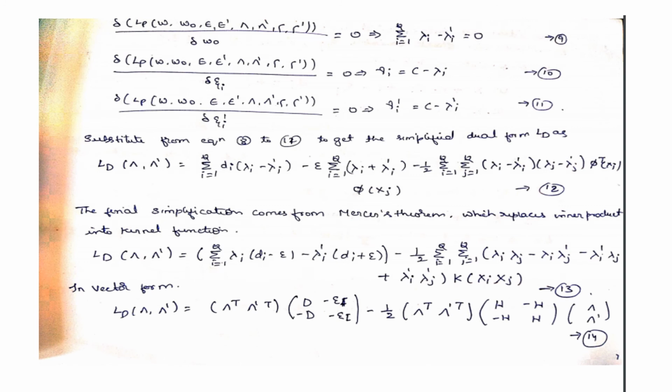So this final simplified equation number 2 is simplified by applying Mercer's theorem. Here the phi inner product is replaced with the kernel function.